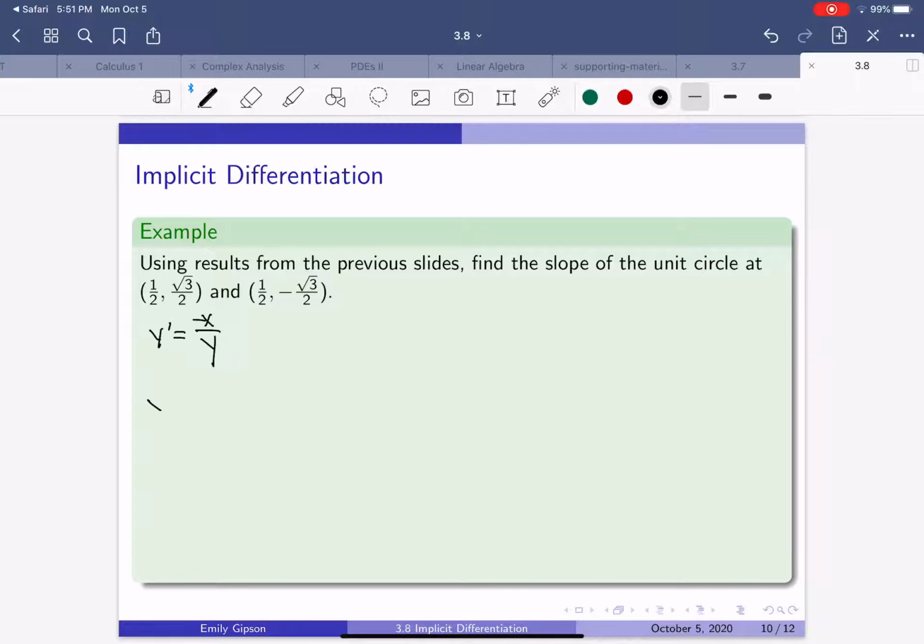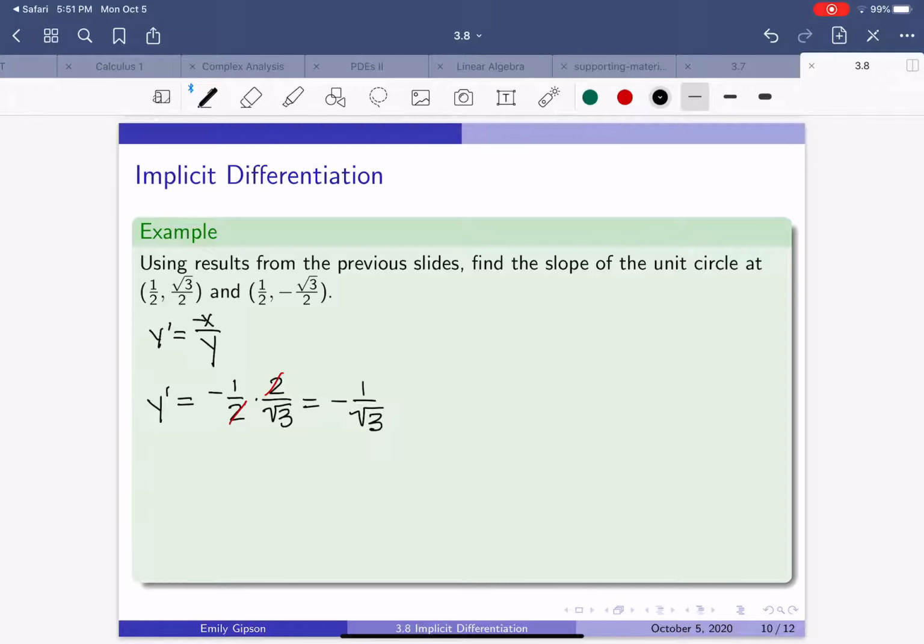So I plug in negative 1/2 times 1 over my y, which is square root 3 over 2, so I just flip it for the reciprocal. My 2's cancel out, and I'm left with negative 1 over root 3. And that's for the first one.